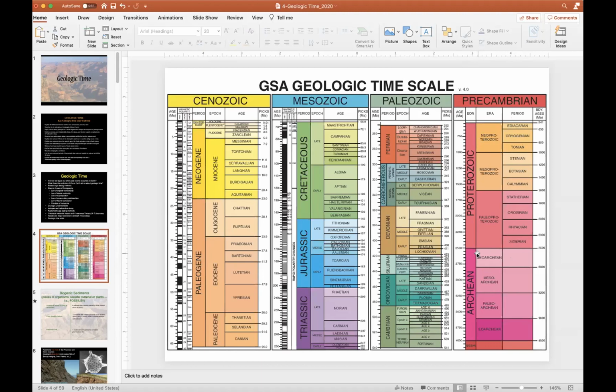I'm a petrologist. I study rocks. I'm an igneous and metamorphic petrologist. I do tectonics, I do geochemistry, I do geochronology, which is understanding the time, so radiometric dating. And I use these four designations: the Cenozoic, Mesozoic, Paleozoic, Precambrian.